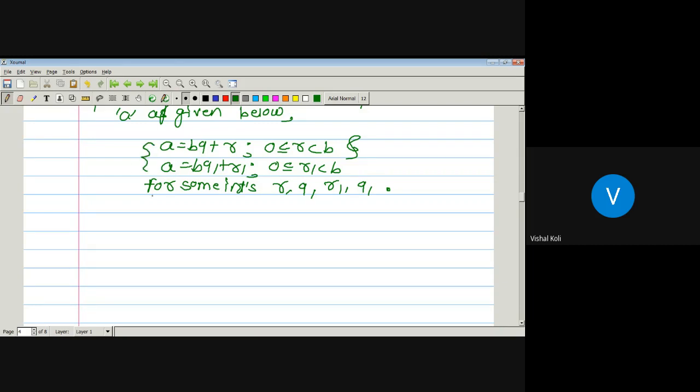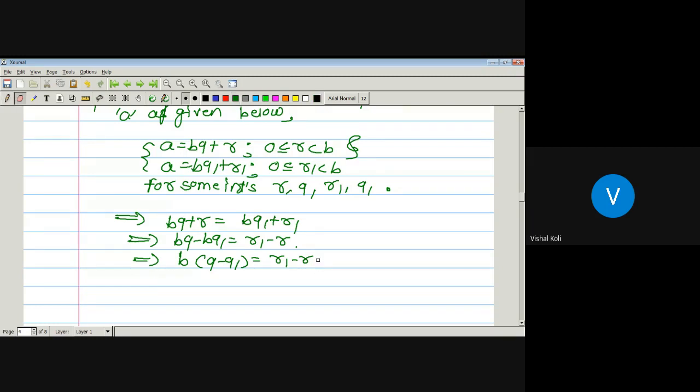As the LHS is the same, the RHS must be the same, which implies BQ plus R equals BQ1 plus R1, which can be written as BQ minus BQ1 equals R1 minus R. Now this can be written as B into (Q minus Q1) equals R1 minus R. That is, R1 minus R is a multiple of B. As Q and Q1 are both integers, take this value as some K. So R1 minus R equals B into K, where K is Q minus Q1, and as Q1 and Q are integers, Q minus Q1 is again an integer, so it belongs to the set of integers.